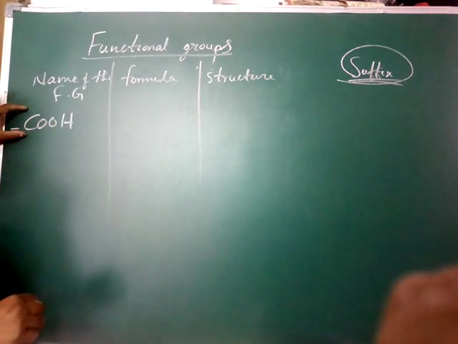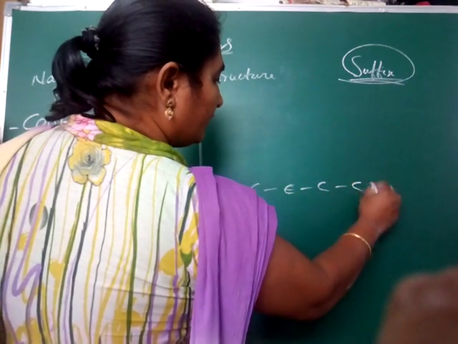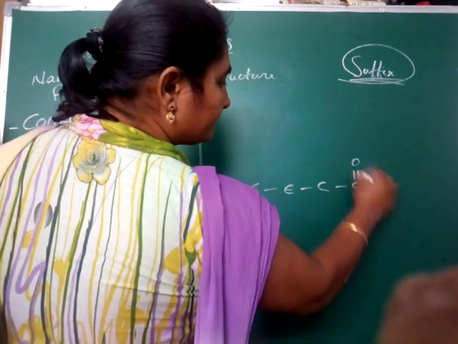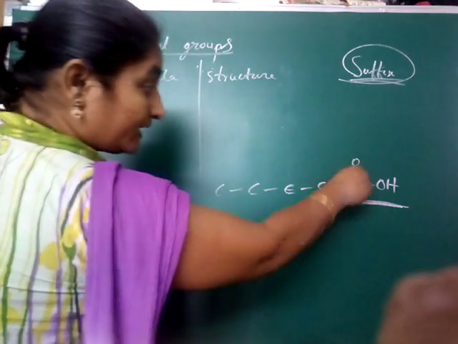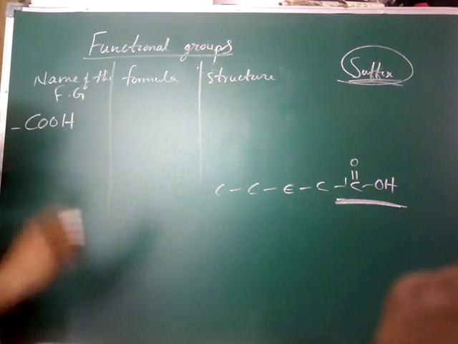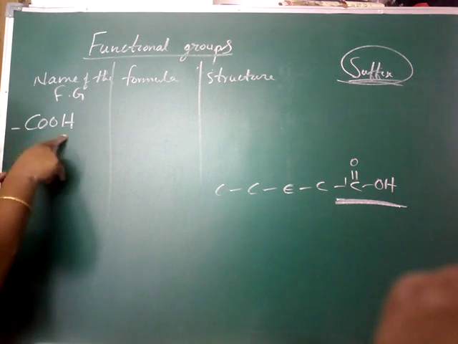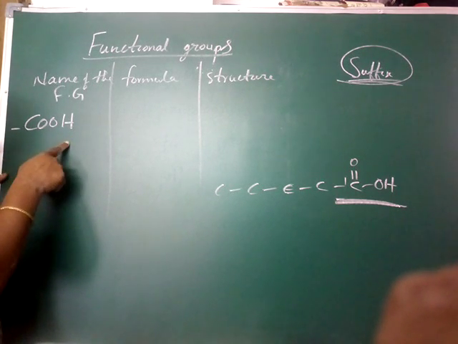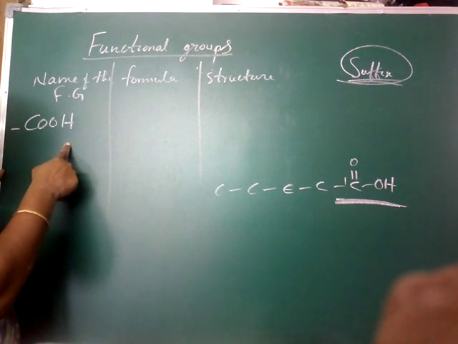If there is a COOH group on any carbon, then you have to give first importance to that one only. We will discuss this in another video. But now, first you have to give importance to the COOH group if it is on any carbon in the organic compound.